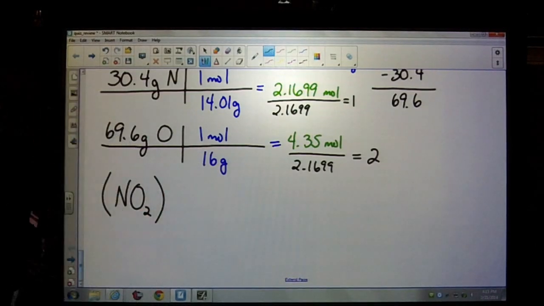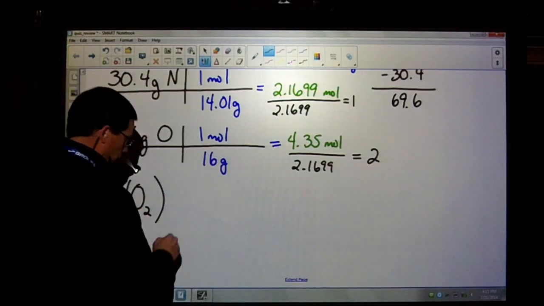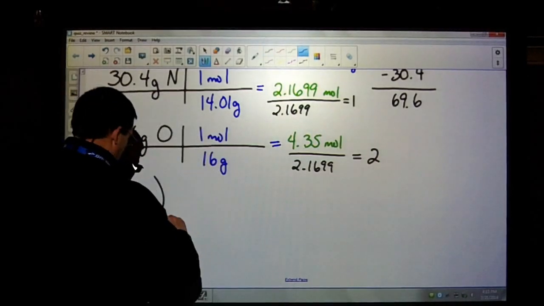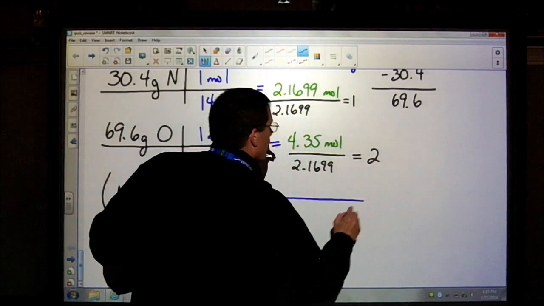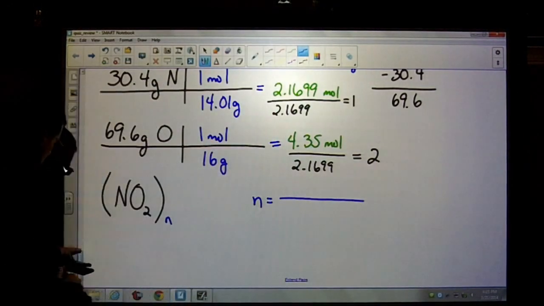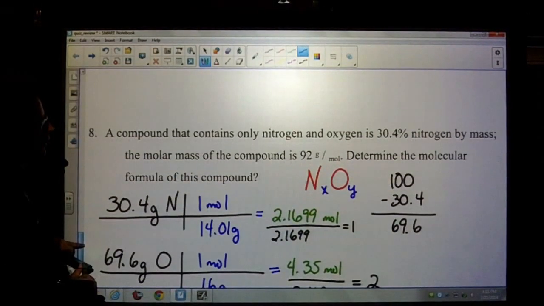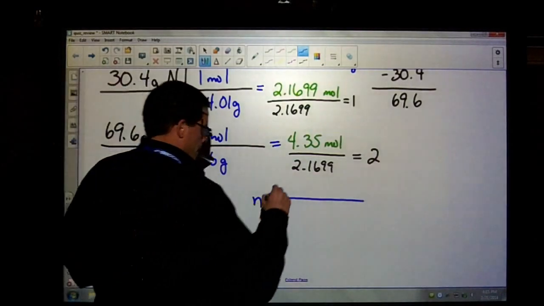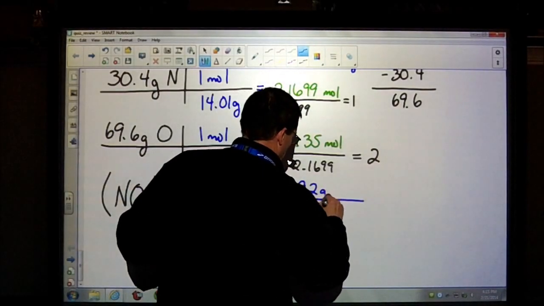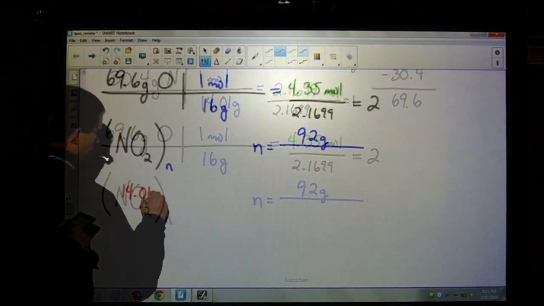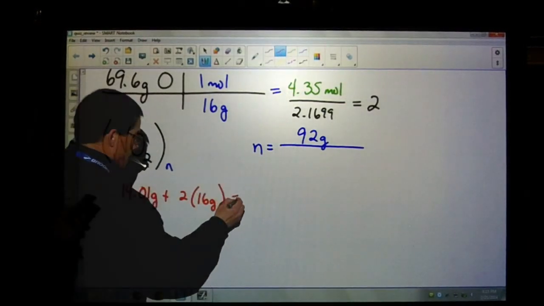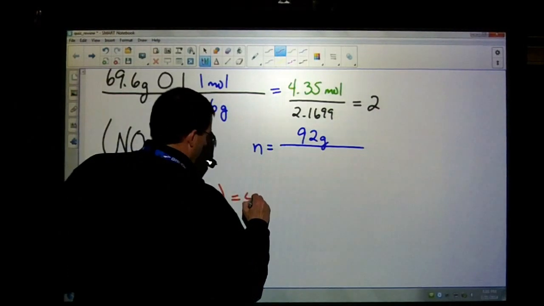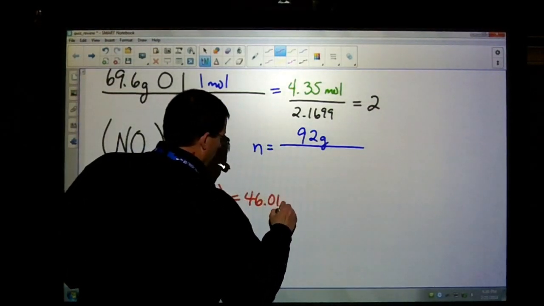So now what we want to do is find out what the molecular formula is. So we need to find out what our N value is. So N, and the molecular formula mass for this compound was 92 grams. 14.01 grams, plus 2 times 16, 46.01 grams.